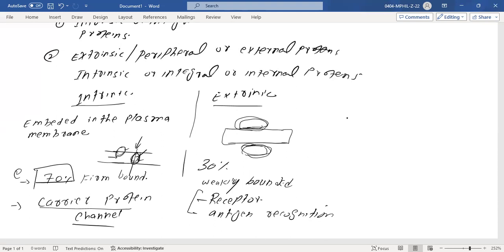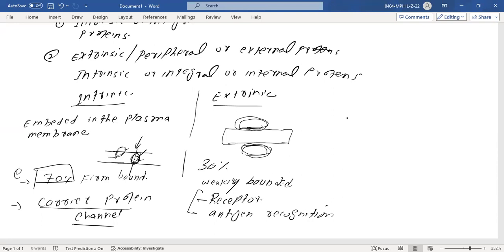If those proteins are present completely outside or completely inside without any embedded position, that is extrinsic. One is 70%, the other is 30%. Commonly, intrinsic proteins act as carrier proteins.